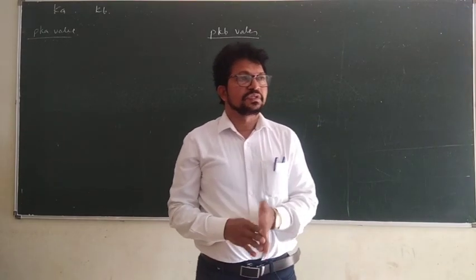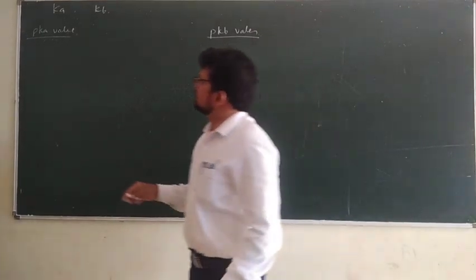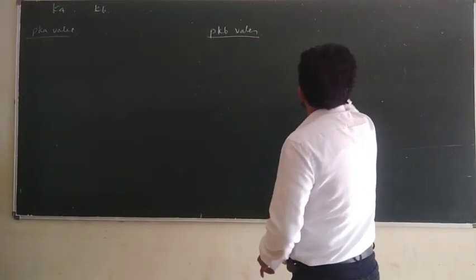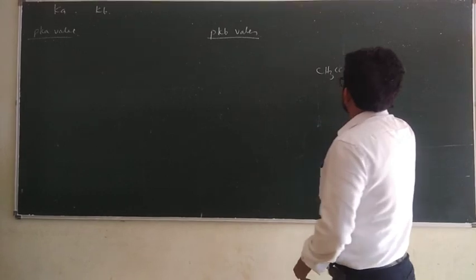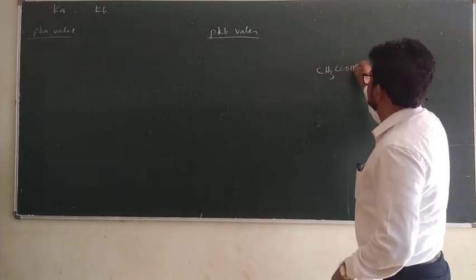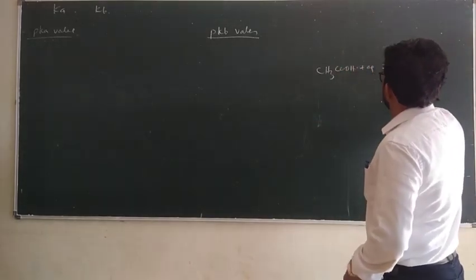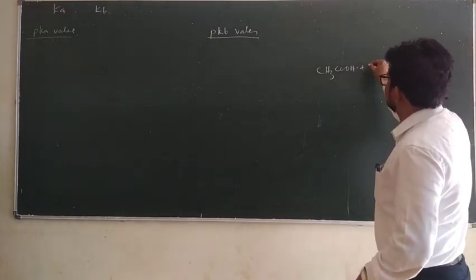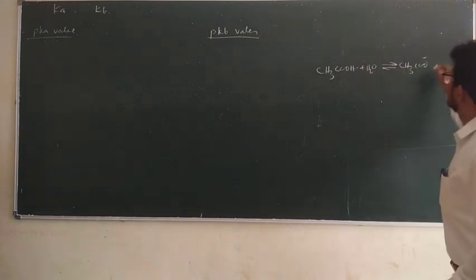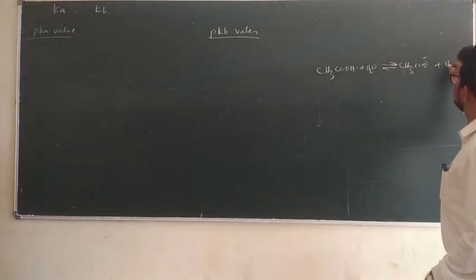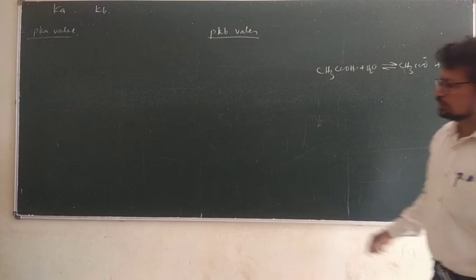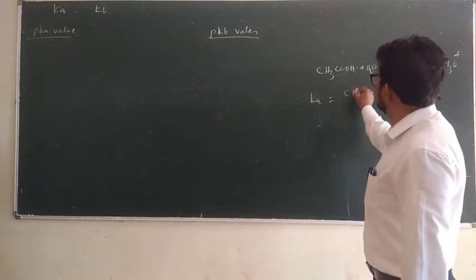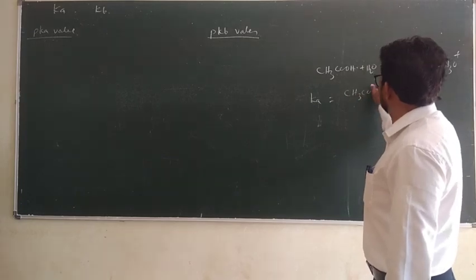Look here, pKa is defined as... so what do you know about the Ka value? For example, acetic acid, if you write CH3COOH, H2O, H plus, H3O plus. So the K value is the dissociation constant, ions in the numerator, correct?